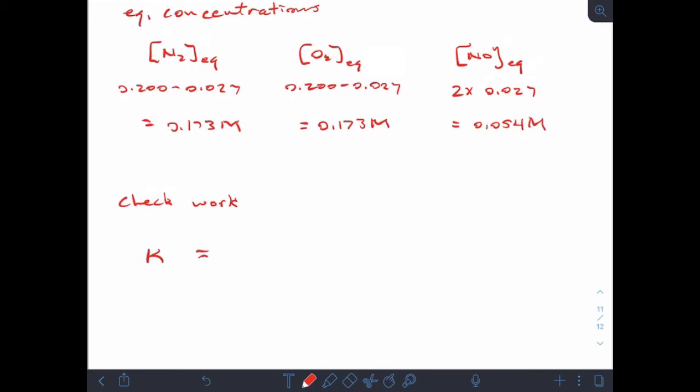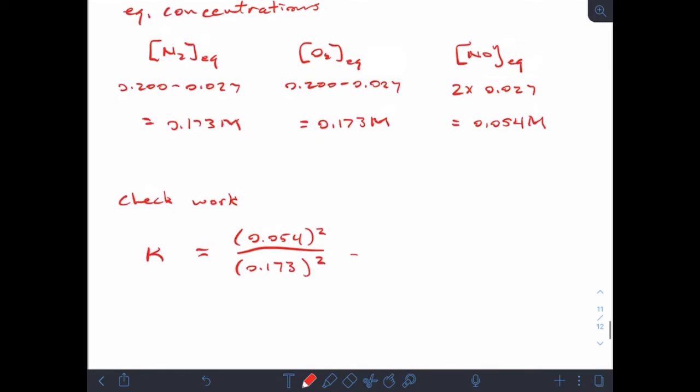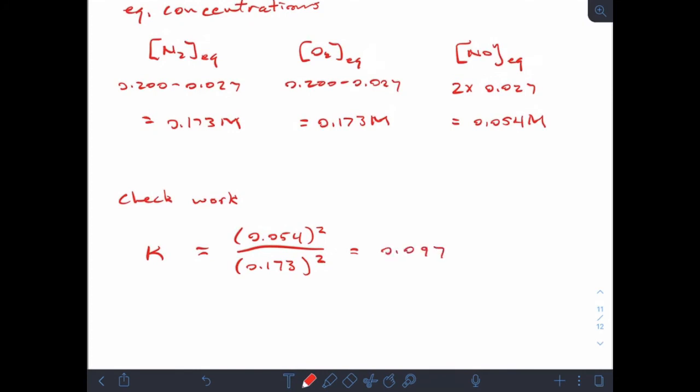I can plug these equilibrium concentrations into my expression and solve for K. And I'll find that this equals 0.097, which is basically the same as 0.1, which was our given value of K. So that means that we've done this correctly. Your equilibrium concentrations should give K if you plug them back into the equilibrium expression.